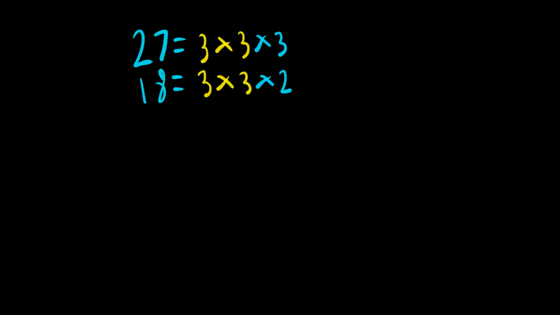So the greatest common factor of 27 and 18 is 9.